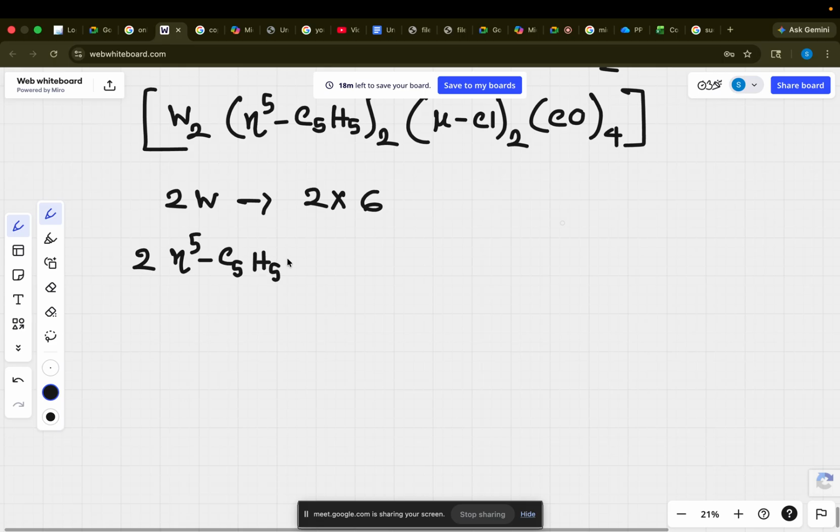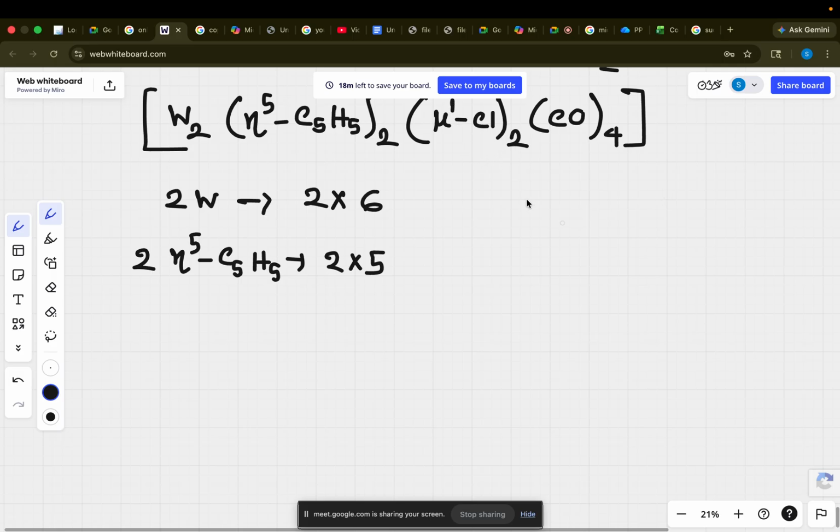This is your Cp, cyclopentadienyl. C5H5 means Cp unit, cyclopentadienyl ion, so it will donate 5 electrons. So it is 2 into 5. Now mu Cl.